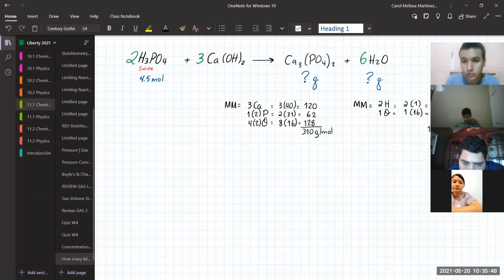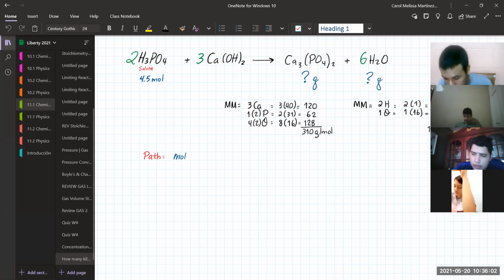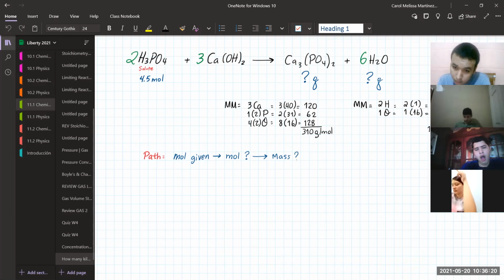So my path will be from moles given, you will get the number of moles unknown. And from moles unknown, you're going to get the mass unknown by using the molar mass process. That's the path, okay?